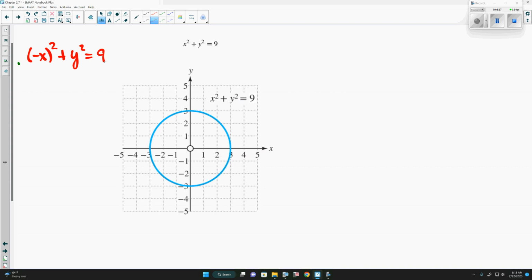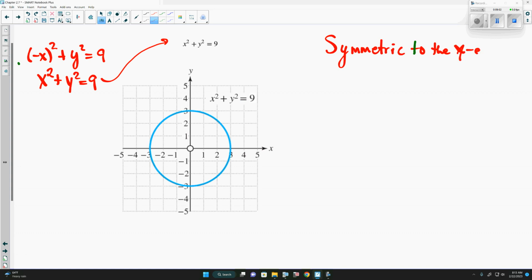Well, negative x squared, negative x times negative x, is going to be positive x squared plus y squared equals 9. Is that the same as our original function? Yes. So we can say it is symmetric to the y-axis, as when we replace x with negative x, we're talking about the y-axis.